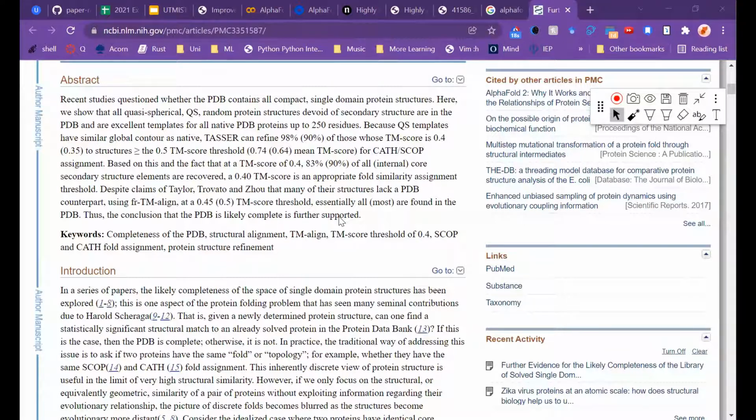I see. But nonetheless, extending from a single domain protein to a multi-domain protein is pretty complicated. I remember there was another paper that talks about AlphaFold's performance on inter-domain regions, and it might not have been good, but I don't know.